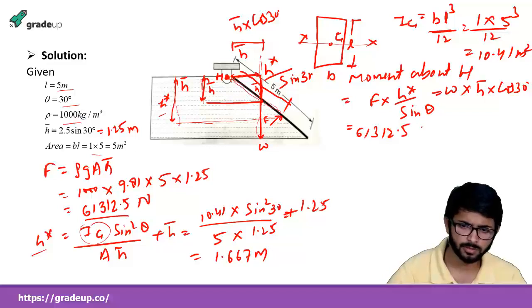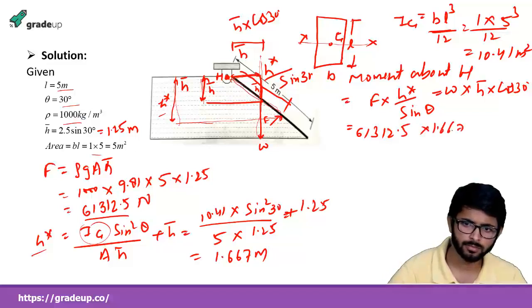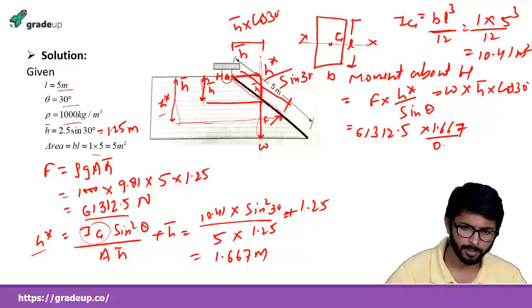Putting the values, sin 30, and W is nothing but mg, into cos 30, with H bar 2.5.